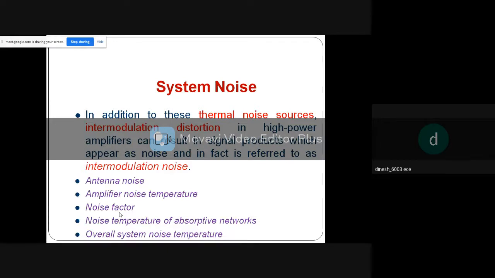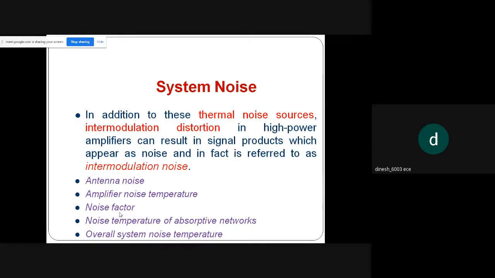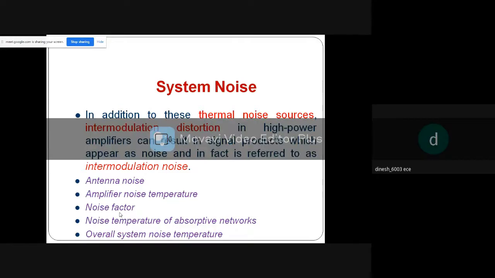This occurs in high power amplifiers and results in signal products which appear as noise and are referred to as intermodulation noise.